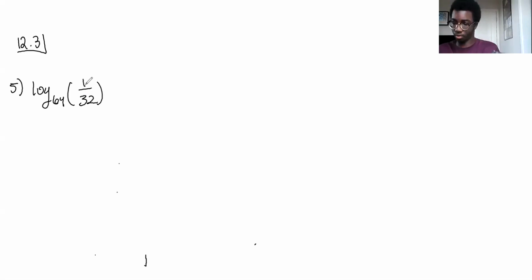What I said in notes is it's asking you to evaluate, not solve, but I put a little X there just to get my brain going. Without the X, what you're asking yourself is 64 raised to what power is 1 over 32. That is the way these logarithms work.